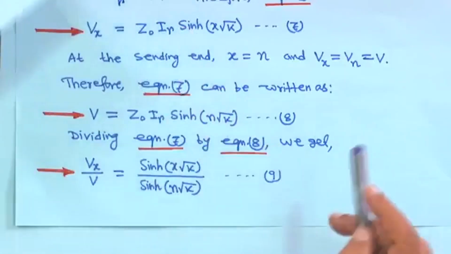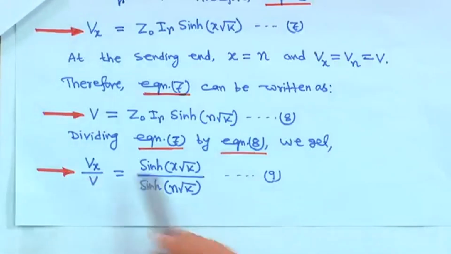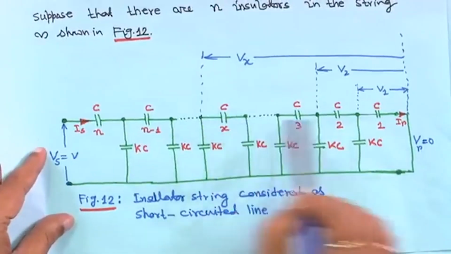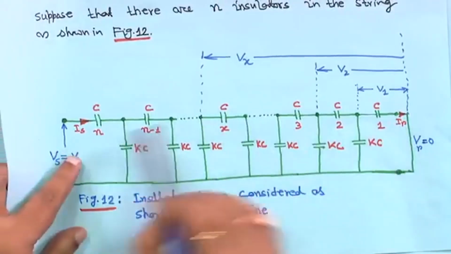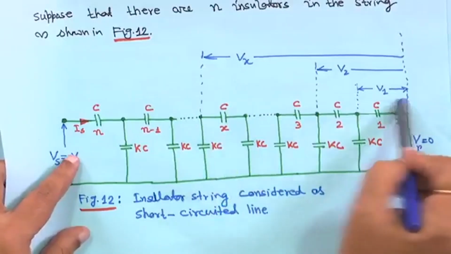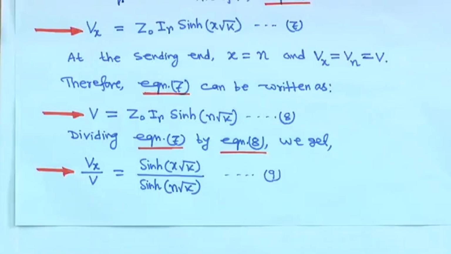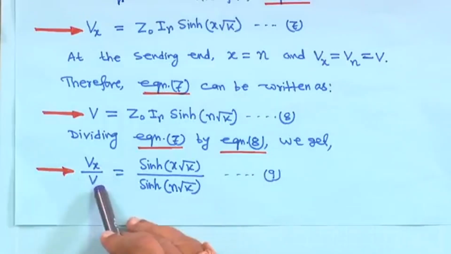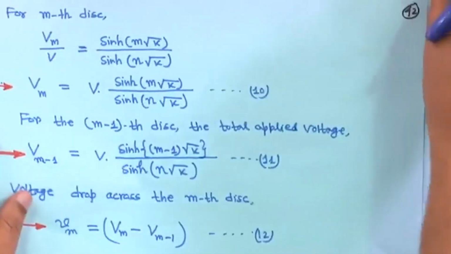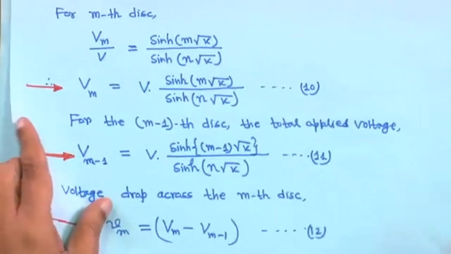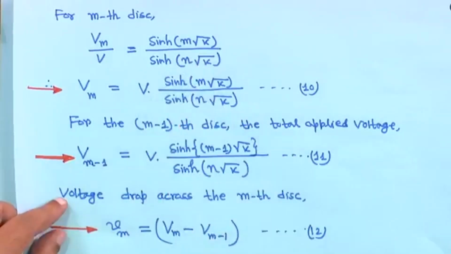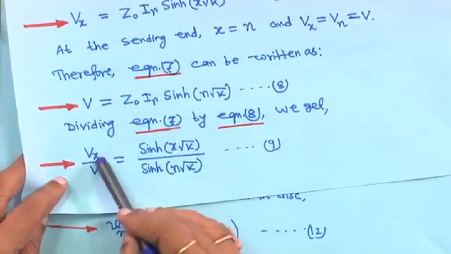For the mth disc, if x is equal to m, look at the diagram, you have n number of discs, and any disc is called the mth disc, coming from 1, 2, 3 up to n, with some x number in between. For any such mth disc you substitute x is equal to m, so it will be Vm upon V. Then for the mth disc Vm upon V is equal to sinh m root k by sinh n root k, because here you have put x is equal to m.